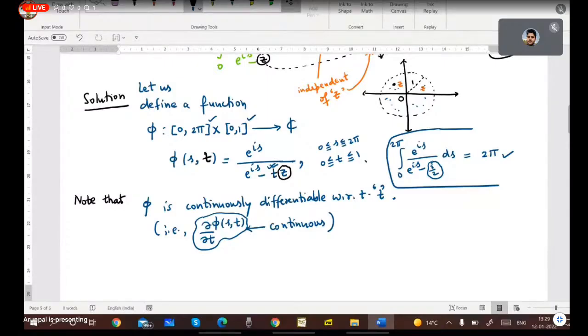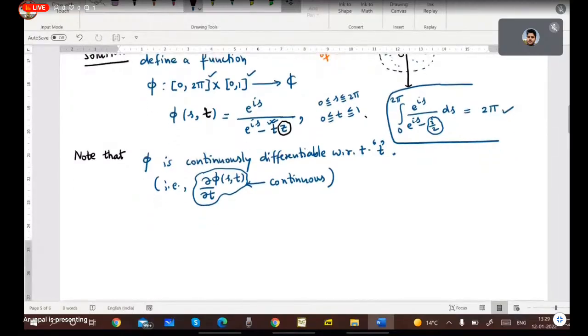There are two parameters only, s and t, and you are taking the partial derivative with respect to t, and you know the meaning of partial derivative. In this situation, z is already constant, and you will have to treat s also as constant. So this is just obvious that phi is continuously differentiable. Is this okay, class?